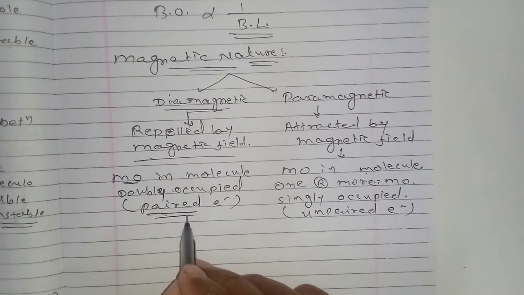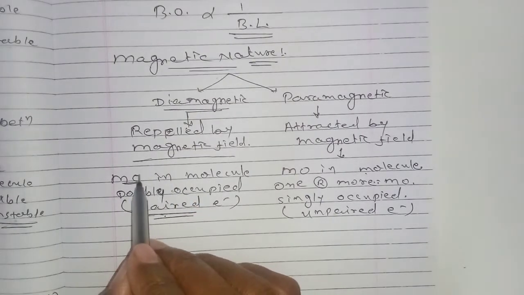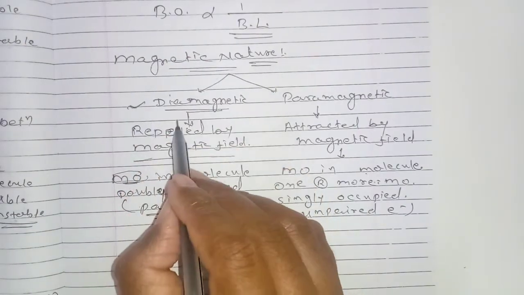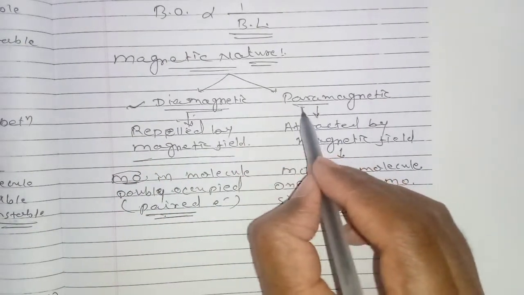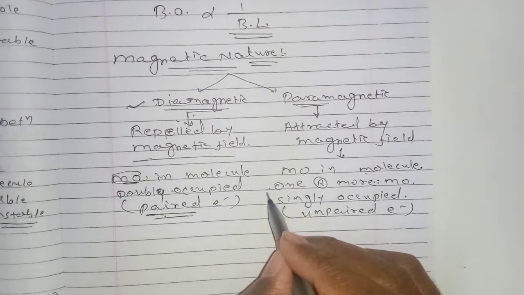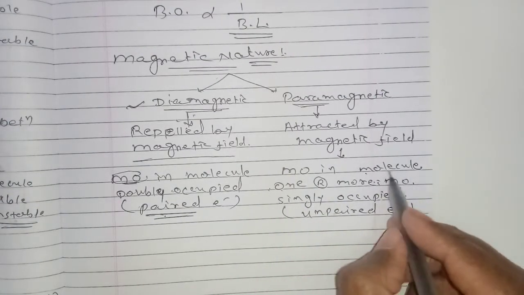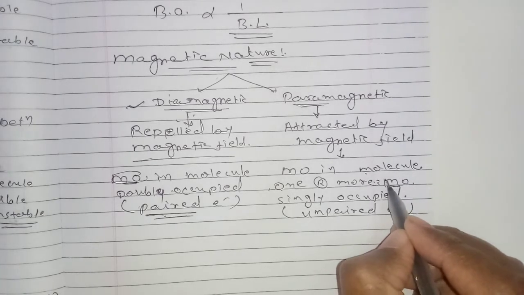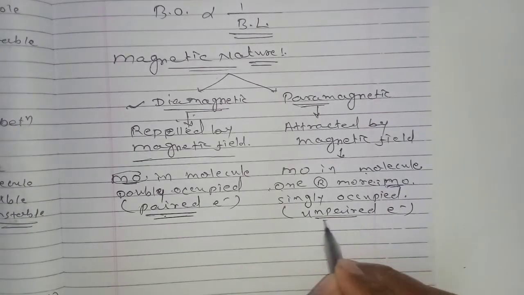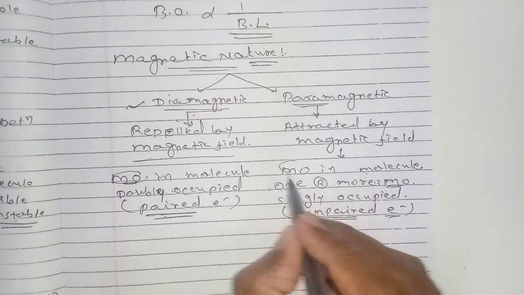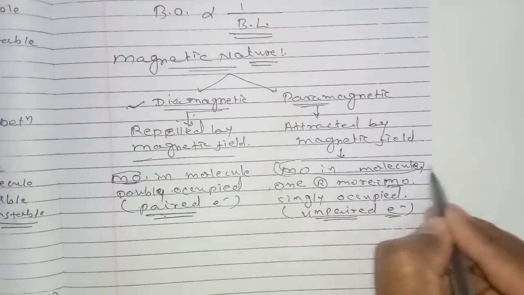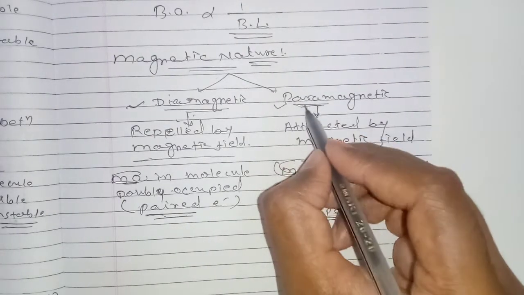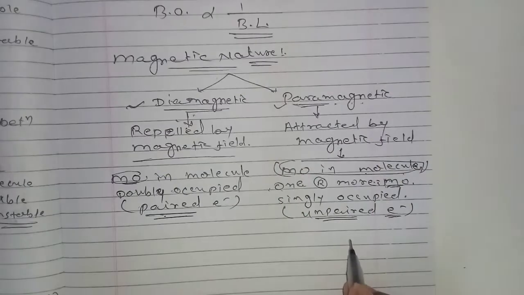If paired electrons are present in all the molecular orbitals, its nature is diamagnetic, and if one or more molecular orbitals have unpaired electrons, they are paramagnetic in nature.